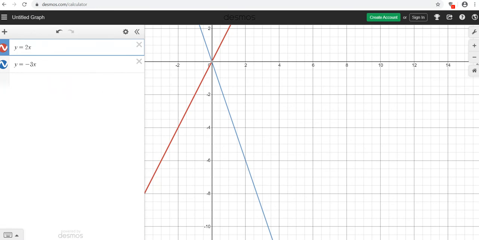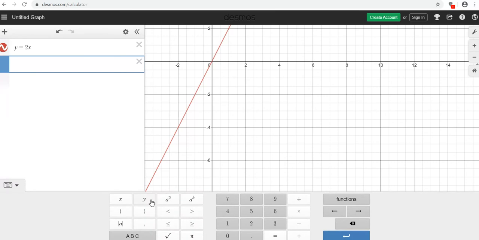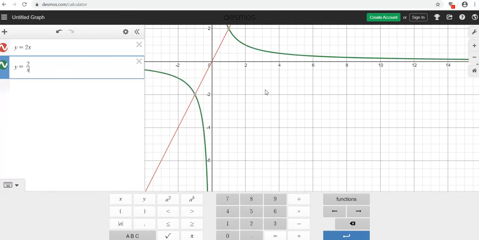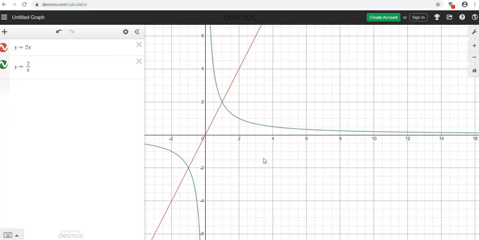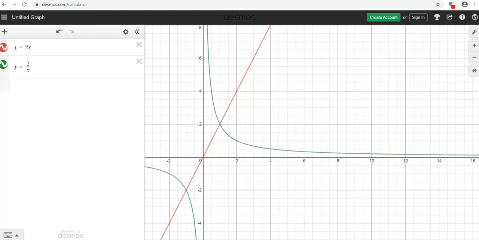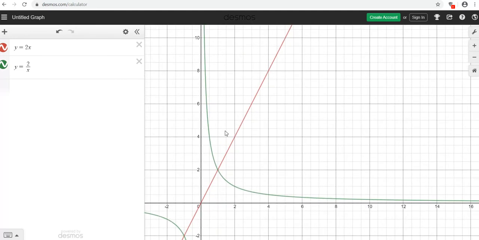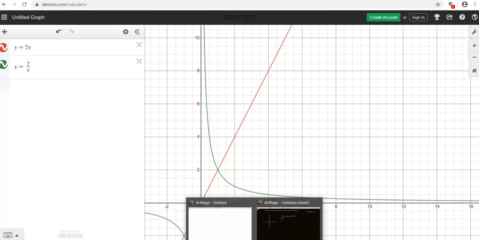On the other hand, if a variable was inversely related, y is equal to 2 divided by x, then that's like our inverse rational function, and that's the reason why we're studying this topic here, because of the inverse relationship. An inverse relation would be a rational function like this. So if variables are inversely related, it would be something like this.